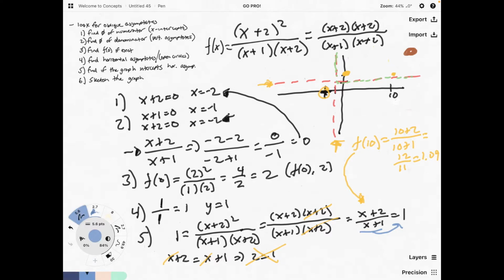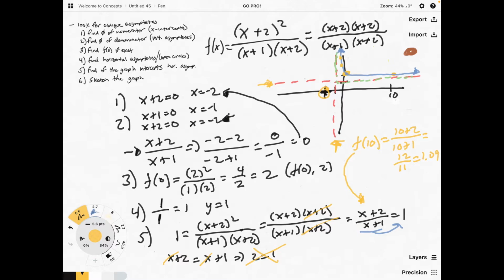Being that we have 2 points, we know that it's going to go in this direction and it can't cross that line, and then it's going to continue in this direction. If you want to, you can plug in additional numbers to try to find points here. Because we have this bounded area and no oblique asymptotes, we can safely assume that it's going to follow this direction.